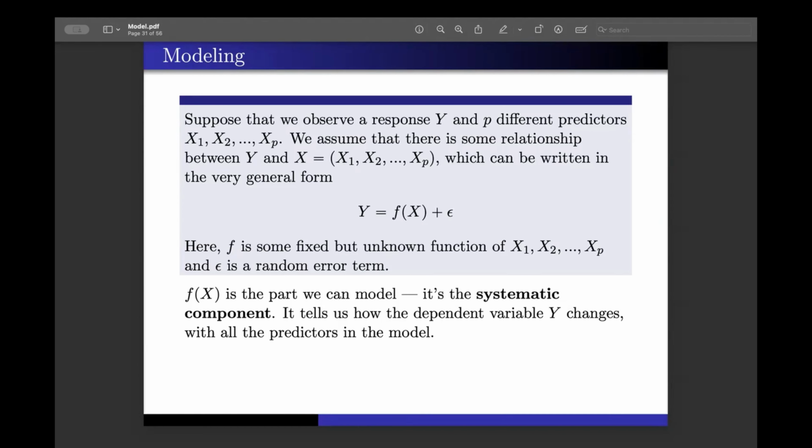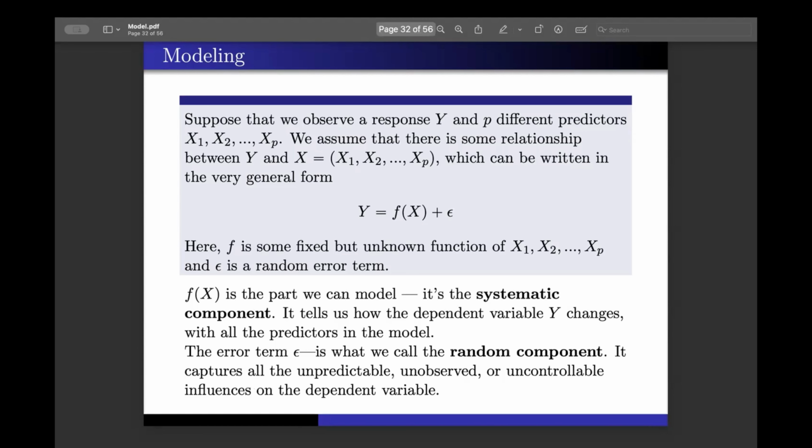It tells us how the dependent variable y changes with all the independent variables present in the model. And then the second part, this error term, is called the random component because it captures all the unpredictable, unobserved, or uncontrollable influences on the dependent variable. It takes care of all the uncertainties that are present in the model.